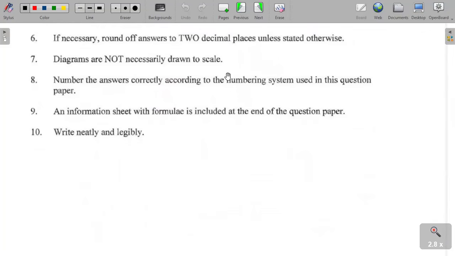If necessary, round off answers to 2 decimal places unless stated otherwise. Diagrams are not necessarily drawn to scale. Number the answers correctly according to the number system used in this question paper. An information sheet with formulas is included at the end of the question paper. Write neatly and legibly.